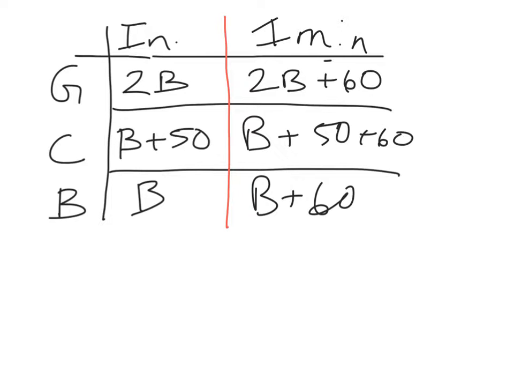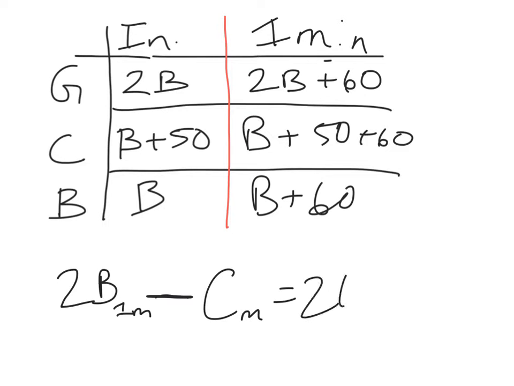Okay. Then we have this situation. It says the difference, which is a subtraction, the difference between twice the number of Bill's page after a minute and Charlie's page after a minute is 210.